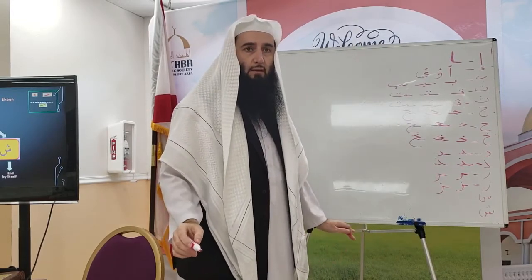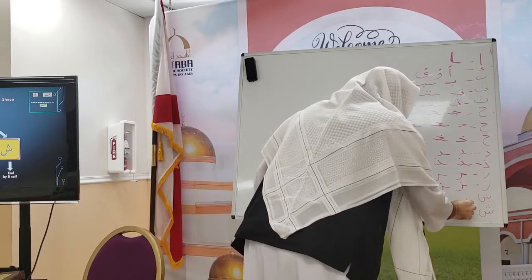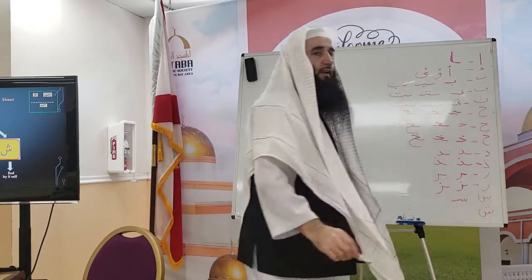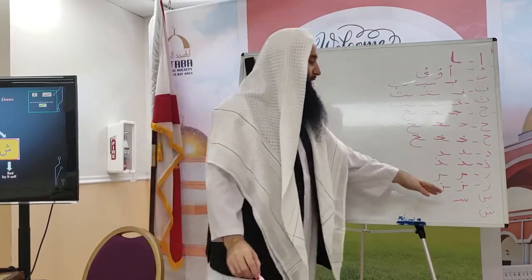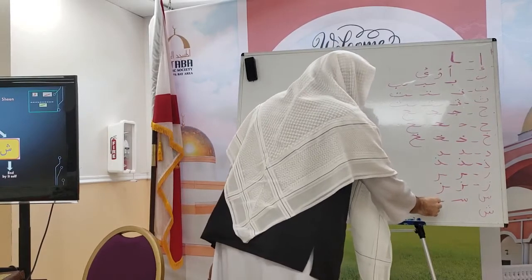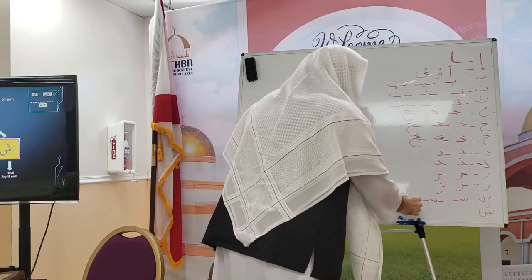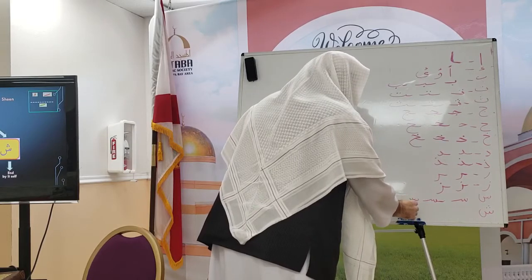We got that. That's what we have covered. And then we have sin. Sin is like when I say sin, S. It's a friendly letter. Sin in the beginning, we have three teeth in the middle, and sin connected in the ending.